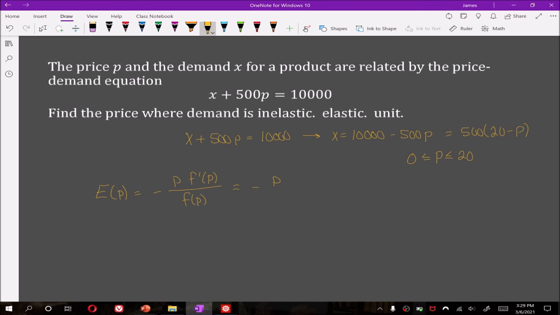So negative p times f prime, which will be negative 500, right? F is this up here, all over that 500 times 20 minus p. Simplifying, the 500s will drop out. The negatives cancel each other out. We're left with p over 20 minus p.